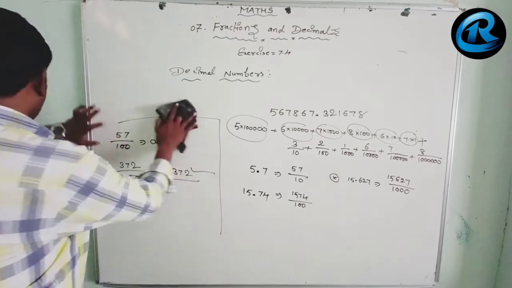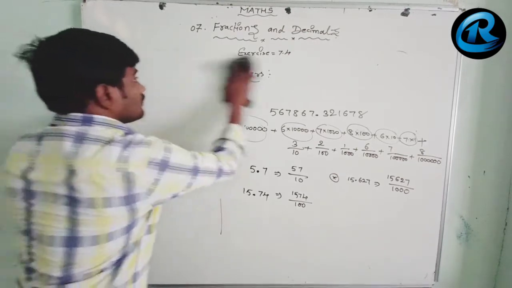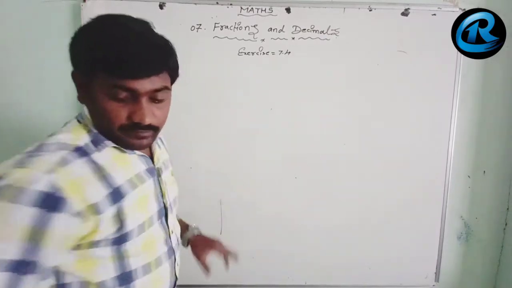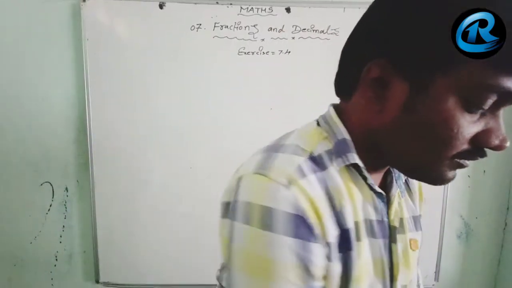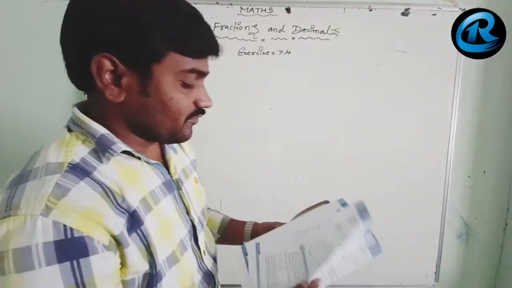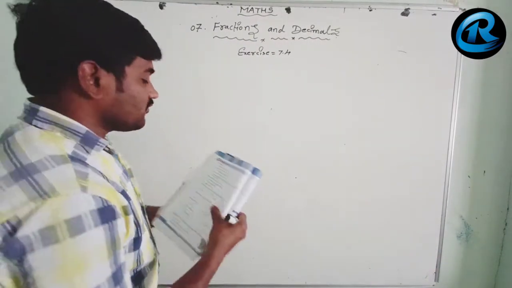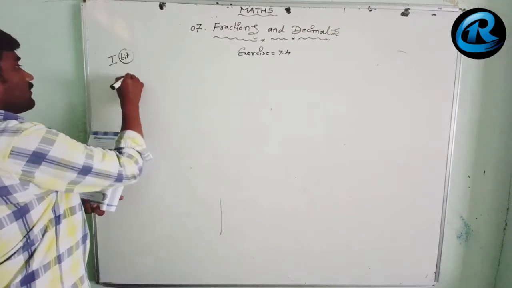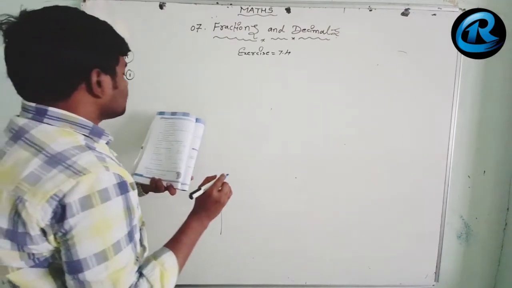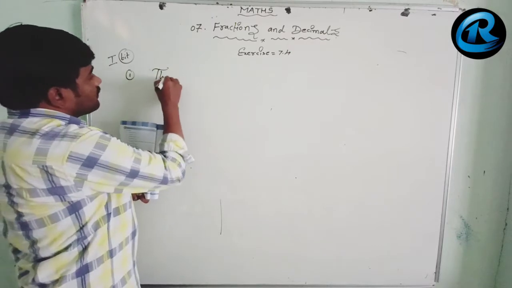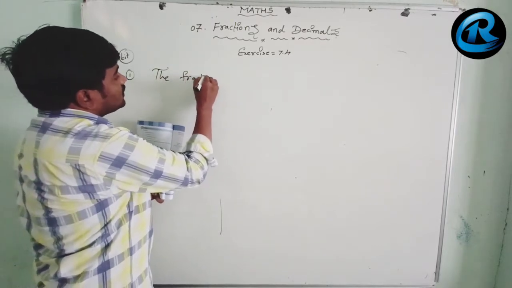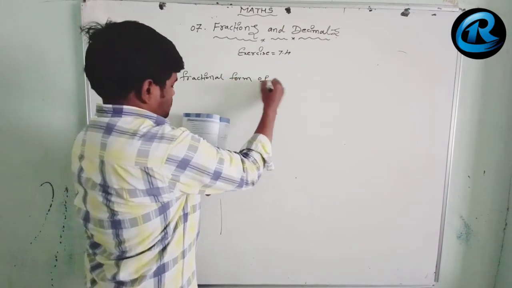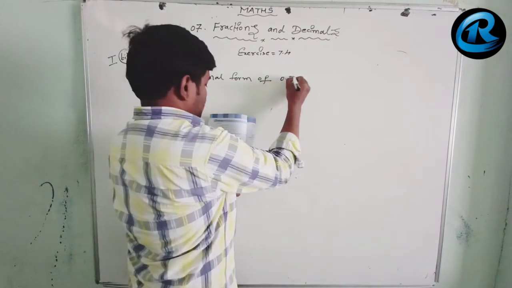Now we go for the exercise problems. The exercise problem 7.4, the first question: write the fractional form of 0.8.